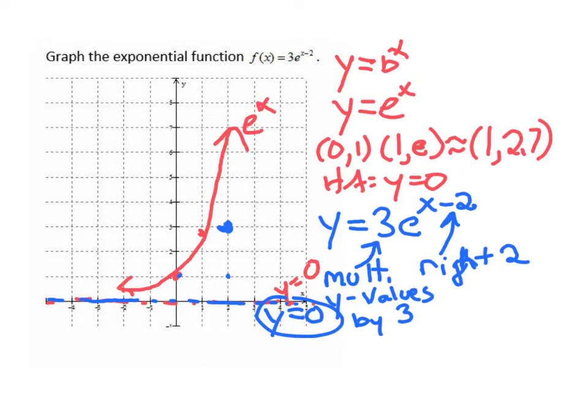Now if I work with this second point at (1, 2.7), I move right 2, so now I'm at 3 and then about 2.7. And then I need to multiply the y coordinate there, 2.7, times 3. And so when I do that, I get about 8.1.